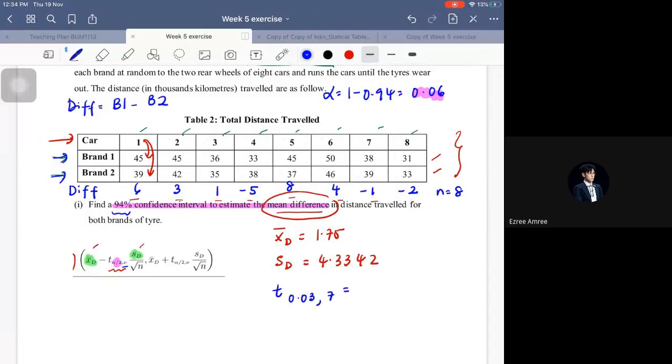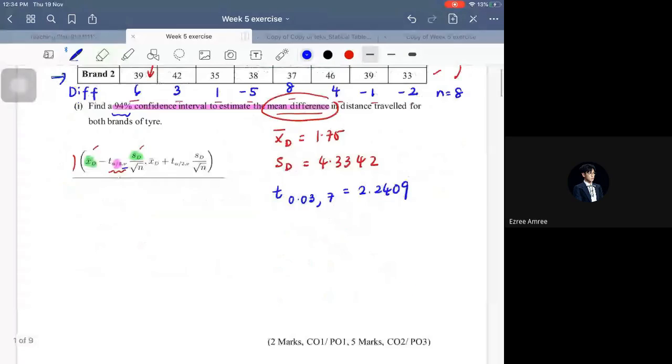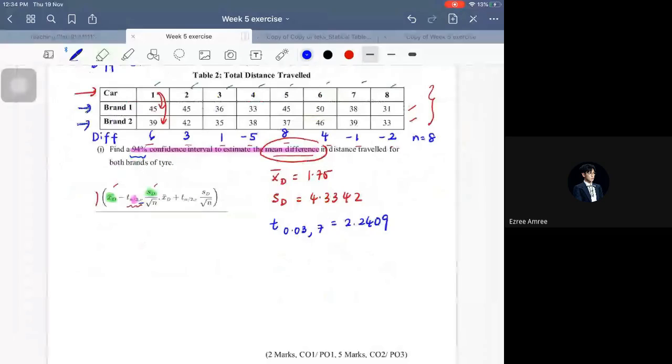So t, how do you find this? I have shown this to you before. So this is definitely going to be in the statistical table. So the value for this is going to equal 2.2409. So that is going to be the t distribution value. So now that I have all the values, I can simply substitute in here. So now I'm going to have x bar, that is going to equal 1.75.